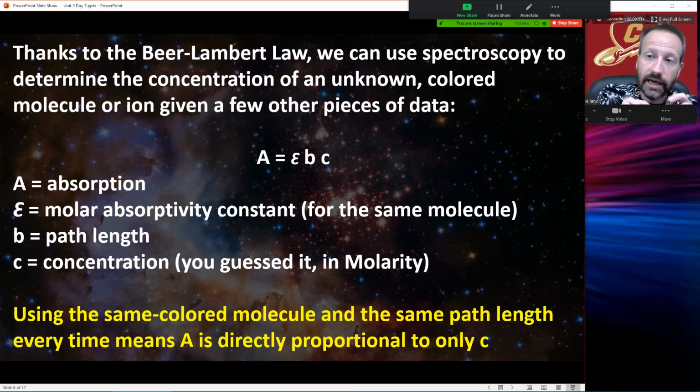When we can't use spectroscopy is when the molecule does not absorb in the region of the electromagnetic spectrum that our signal is. Typically in class, we're going to be using visible light your eyes could see, or ultraviolet, often called UV vis for short, okay?